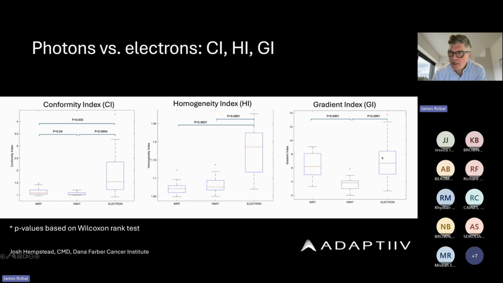And finally, gradient index here. This is a look at the compactness of the 50% isodose surface. VMAT significant over and improved over electron planning, although IMRT actually quite comparable in that respect to electron planning at the 50% surface.